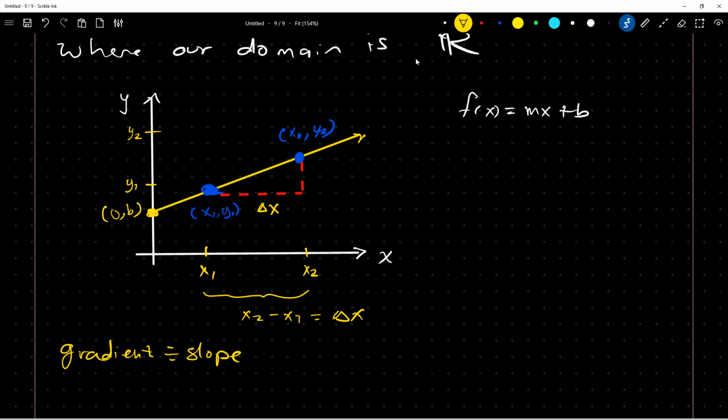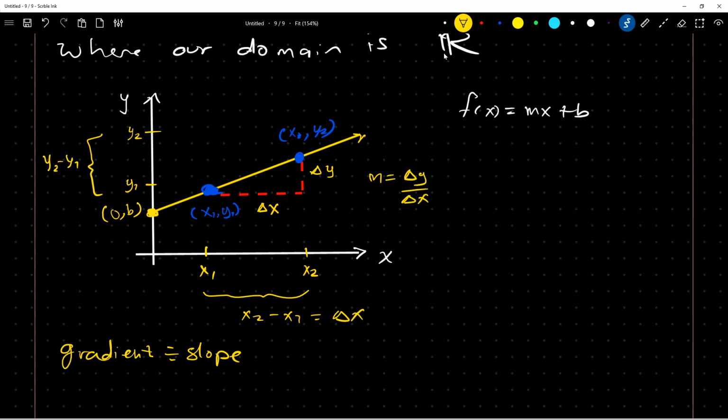You can go the other direction, it doesn't matter, because we'll be talking about a distance and it has to be positive. And then delta y is going to be here, the distance between y2 and y1. Okay, so that is our m, and here is our b. So m is delta y divided by delta x.